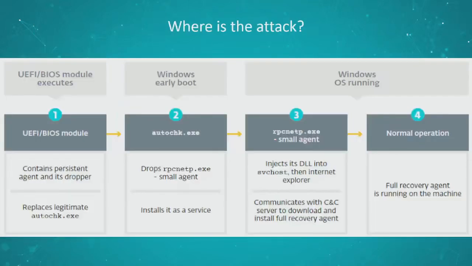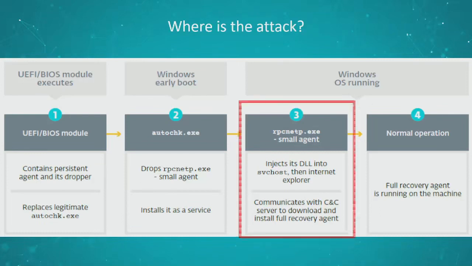So that was the first link, that these small agents might be related to Sednit, right? So we saw this and we thought, okay, what's the most likely hypothesis for how this small agent would come onto a system? And if we go back to the architecture slide, of course, step 3 is a likely scenario, where we already know that Sednit operators have a lot of backdoors at their disposal, so they could use these backdoors to just drop the small agent.